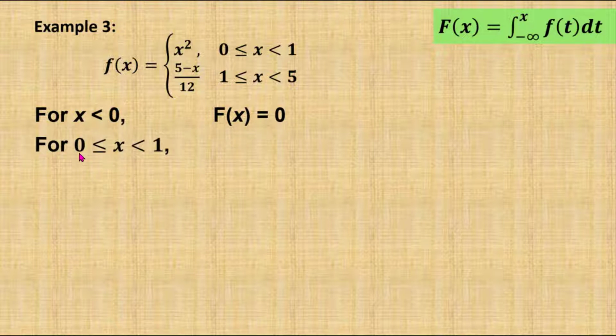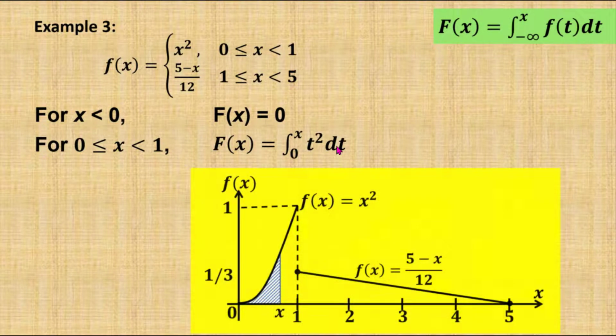When x is between 0 and 1, the cumulative function is equal to the integration of the density function from the lower limit 0 up to the value of x. To avoid confusion with the letter x, the function f of x is changed to f of t.